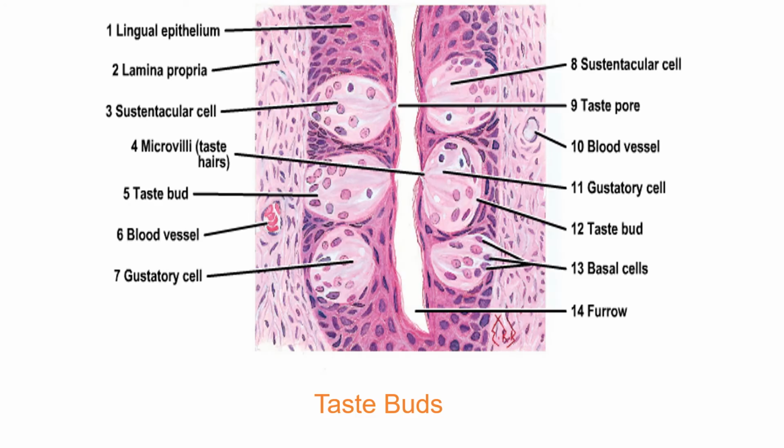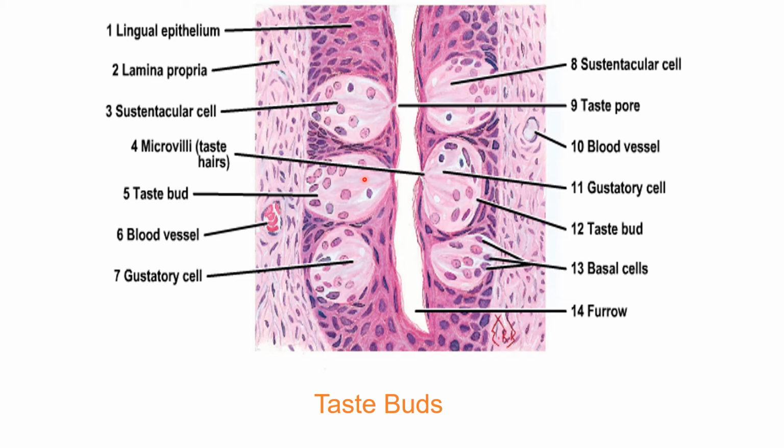Let us come to these cells. So this is the lingual epithelium, and they are forming an arch, a barrel-shaped arrangement of these cells. Surrounding it peripherally, we have the sustentacular cells, which on their apex have a lot of microvilli, which are called the taste hairs.